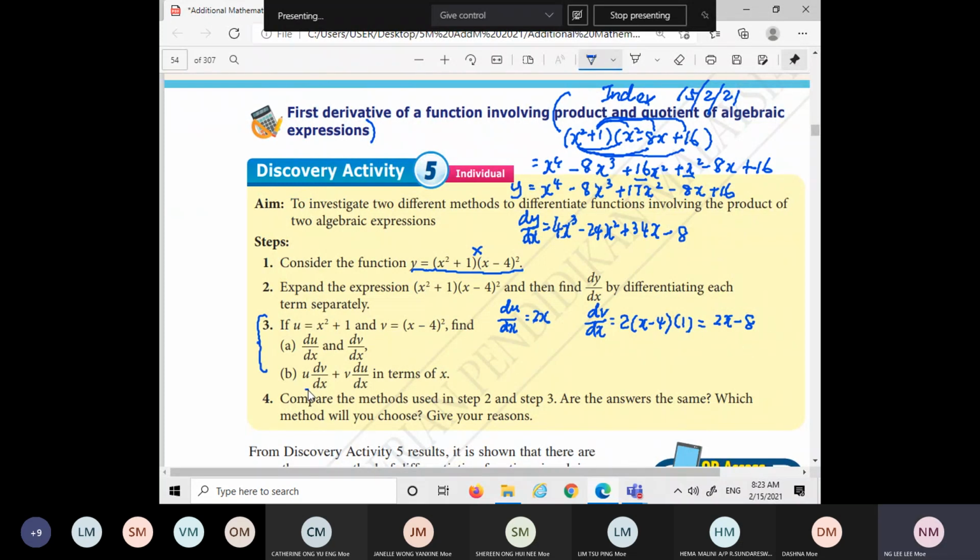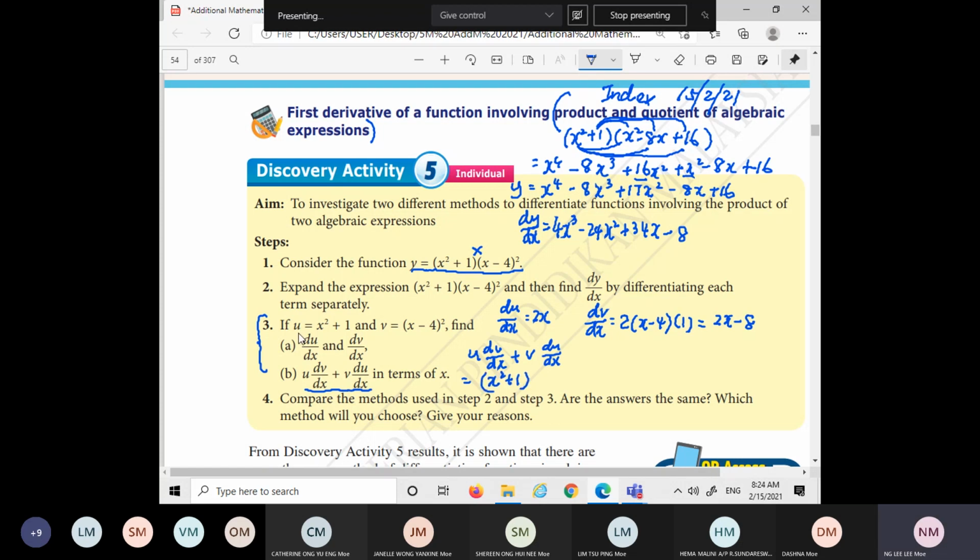After that you do this. Write this. u is the first expression. So I write u dv dx plus v du dx. u is x squared plus 1.